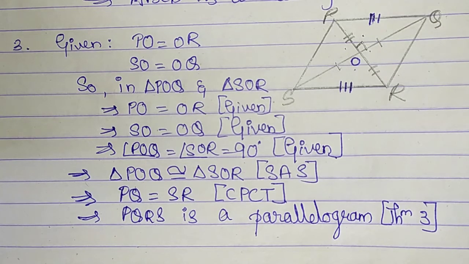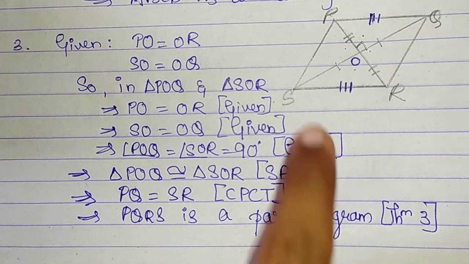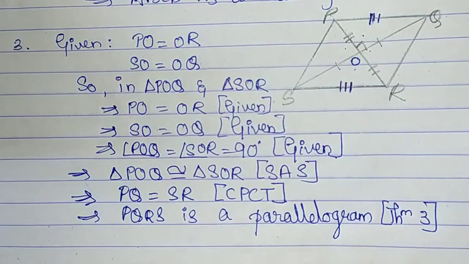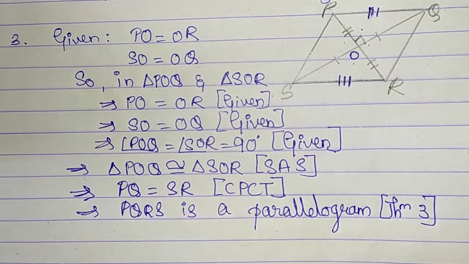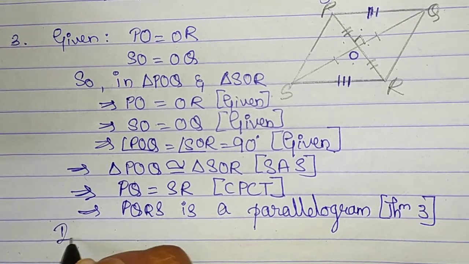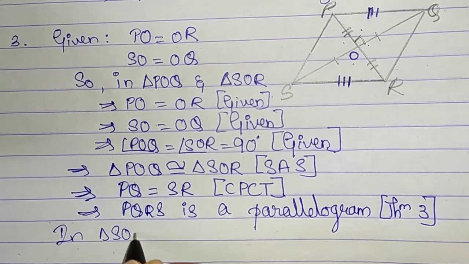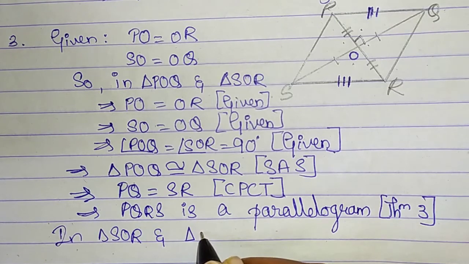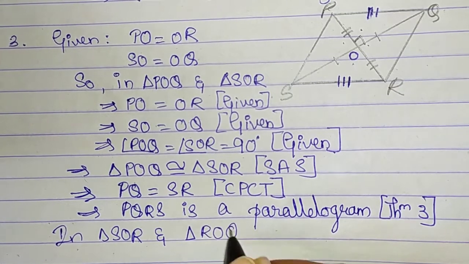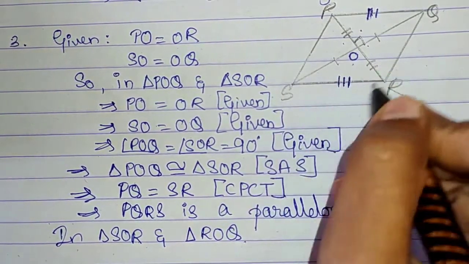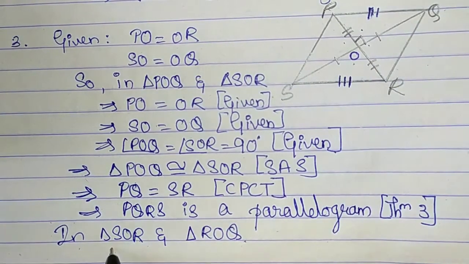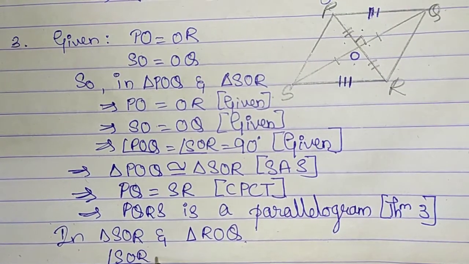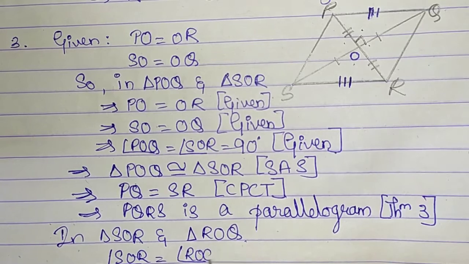Now we have to prove that this PQRS is a rhombus. That means all of the sides of PQRS are equal to one another. So now consider triangle SOR and triangle ROQ.